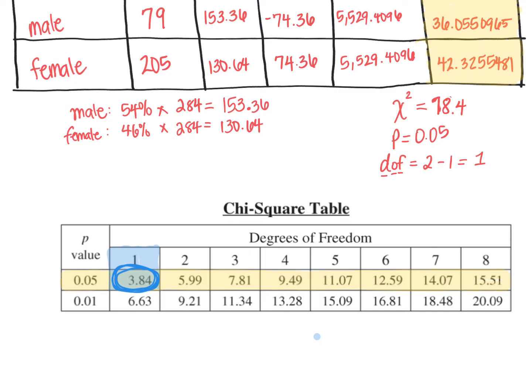If the chi-square is less than the critical value, in other words, if this value is less than this value, then we fail to reject the null hypothesis. If your chi-square is greater than the critical value, then you reject the null hypothesis. So in this case, we are going to reject the null hypothesis. We are going to practice this in class as well as throughout the year.